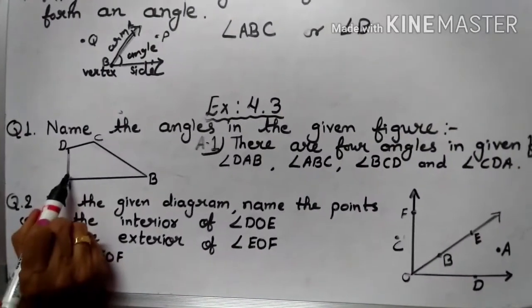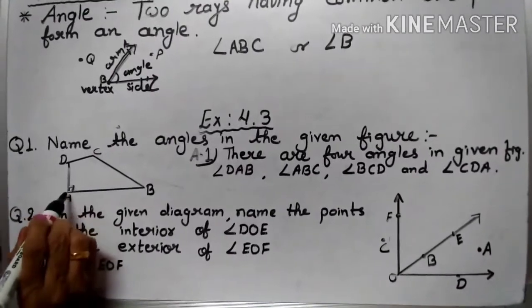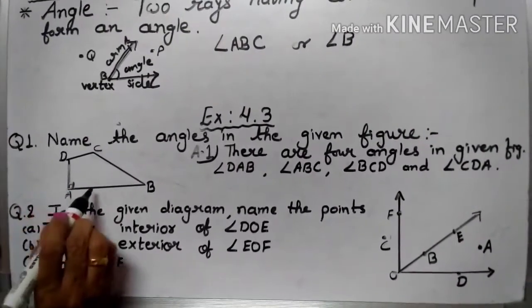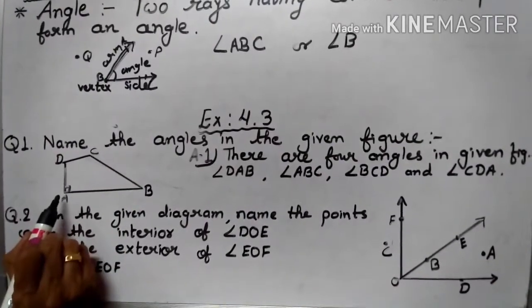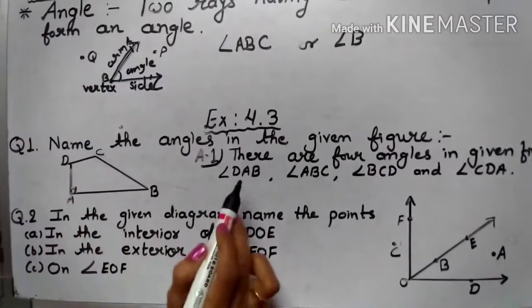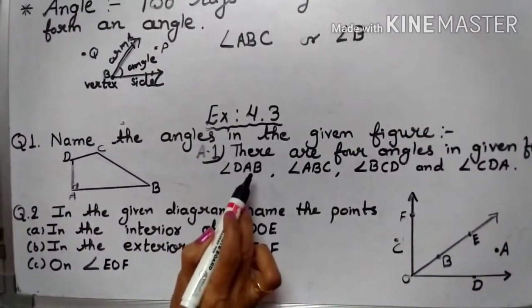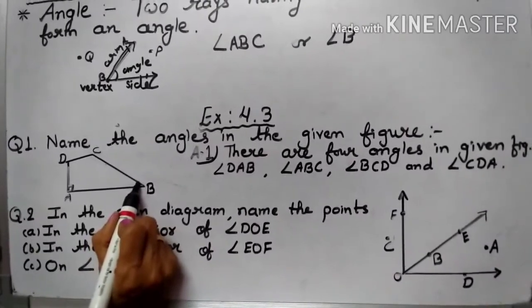This is our one angle. Can you see here? This is a common point and these are the two arms of the angle. So you can write angle DAB. Angle DAB.